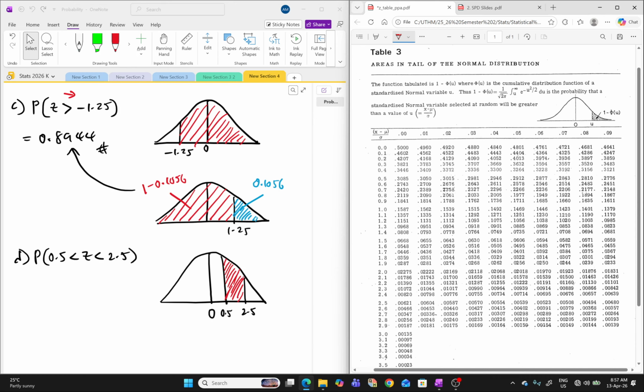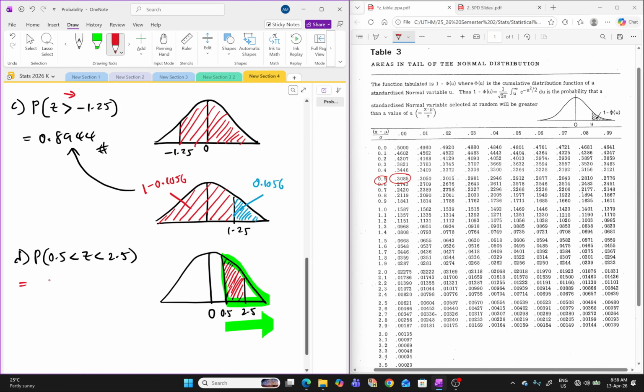If you want to find this, first of all, find this area. Cari daripada 0.5. 0.5 where? Here. Berapa? 0.30. Okay, this whole green color area is 0.3085.